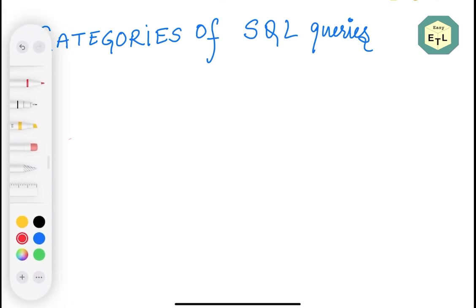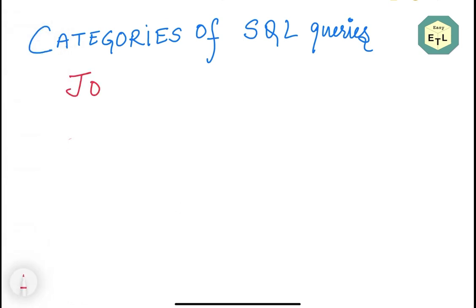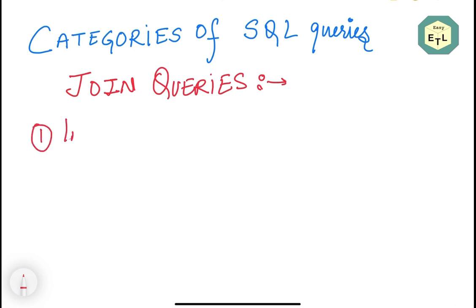And then the next category that we have in this video to discuss is the join queries. Very famous type and very useful. Right. The first type of join is inner join. Inner join, or you can use it by just mentioning join.